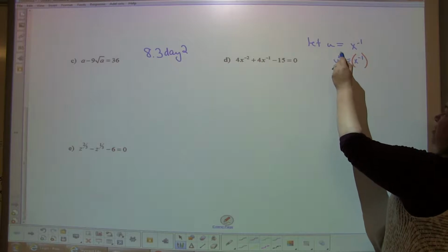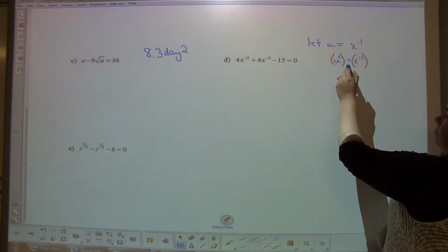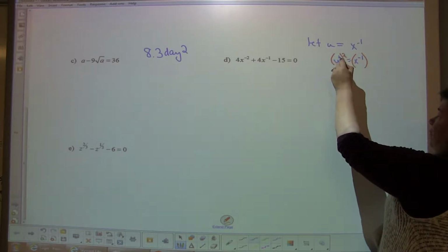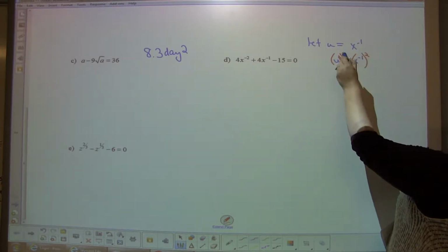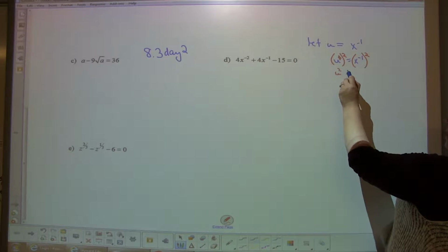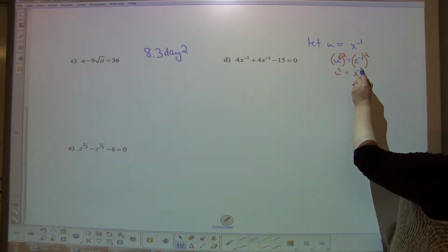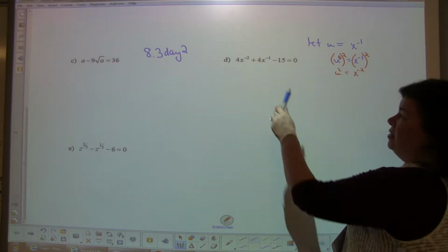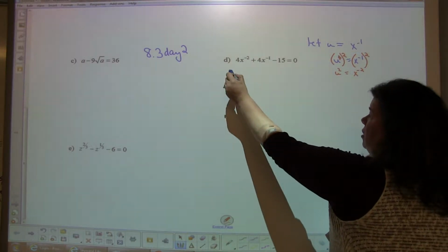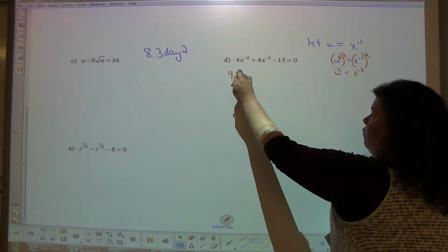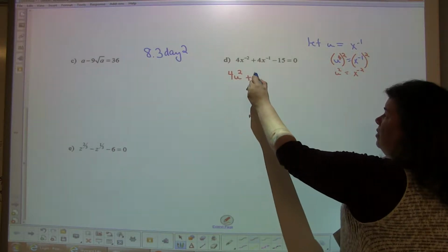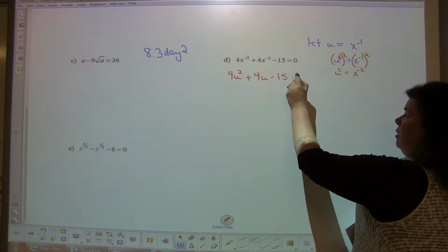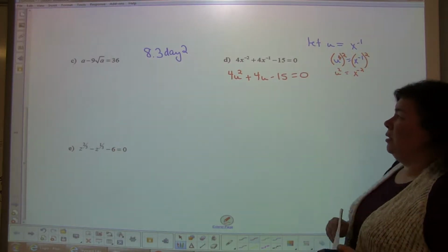If I went ahead and squared that, I'm going to get u squared equals x to the negative second, which is exactly what I have here. So this ends up being u squared. So we can rewrite this as 4u squared plus 4u minus 15 equals 0.